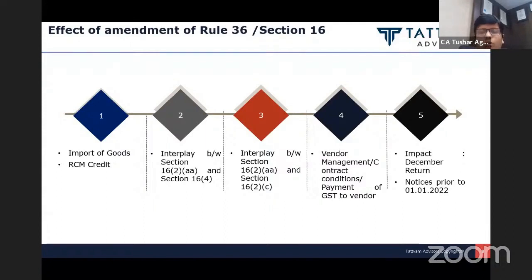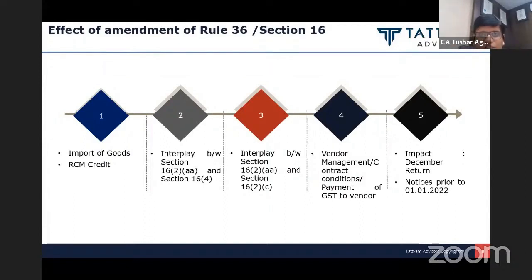So as per this law, in respect of your inward invoices, your purchase invoices, which are dated in financial year 2021, from 1st April 2021 till 31st March 2022, the last date for availing the credit is September 2022.